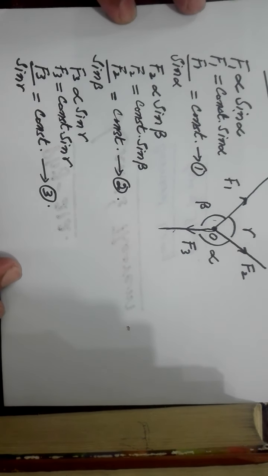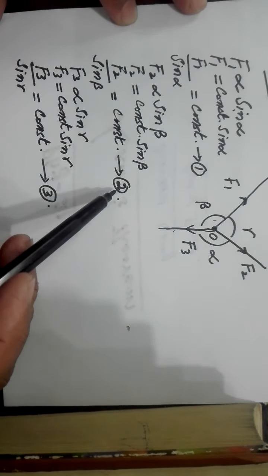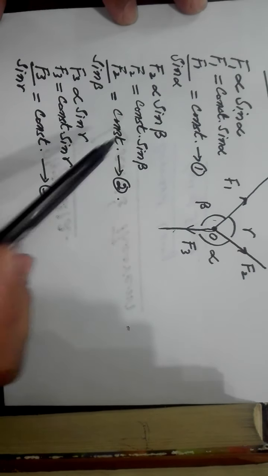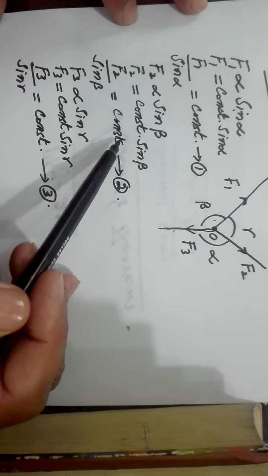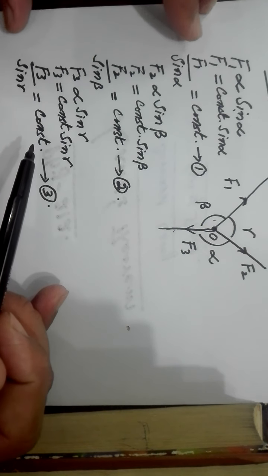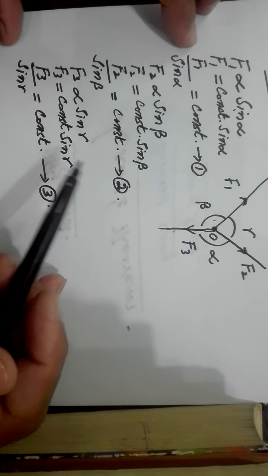Now if you look at all these three equations, equation number 1, equation number 2 and equation number 3, their right hand side is same. So if their right hand side is same, we can equalize their left hand side.